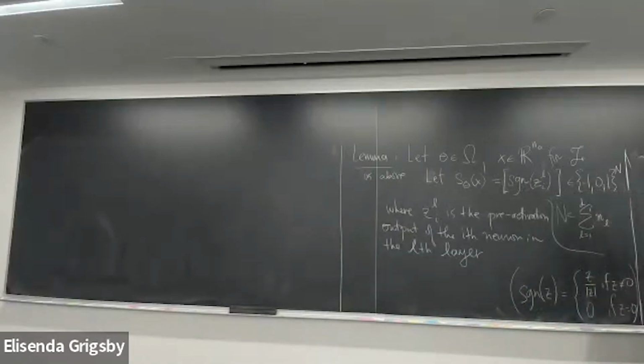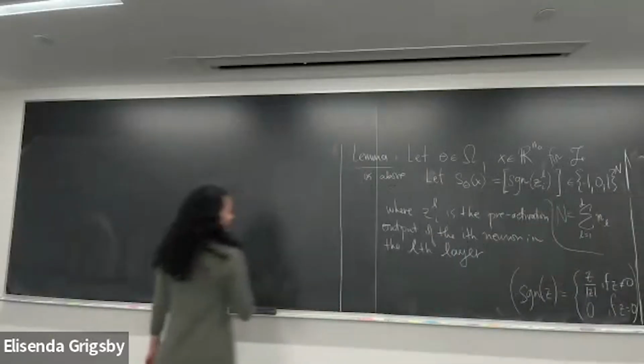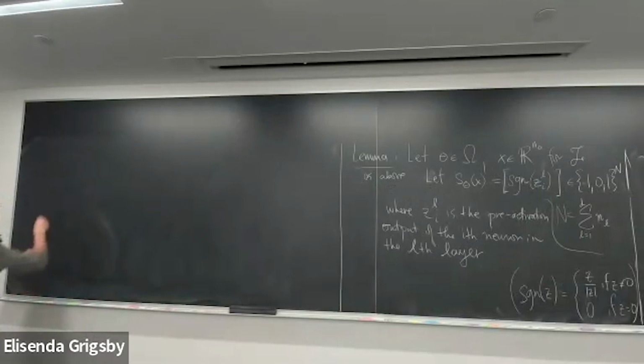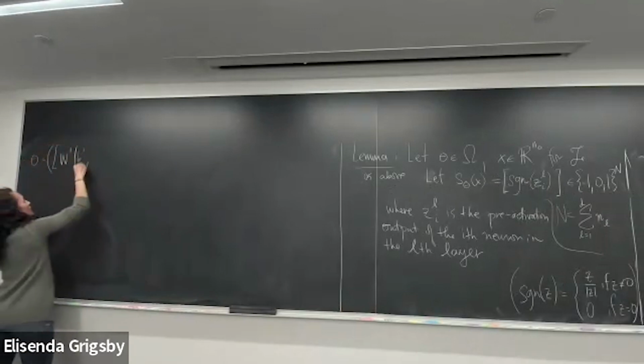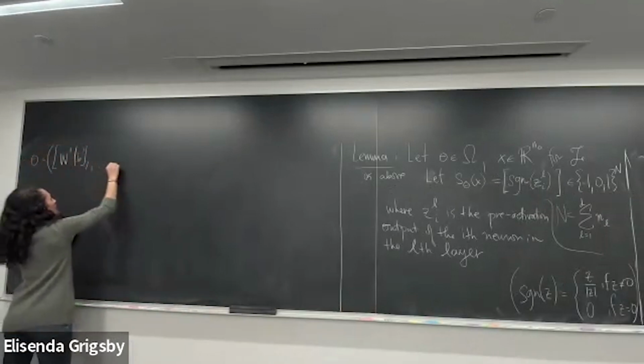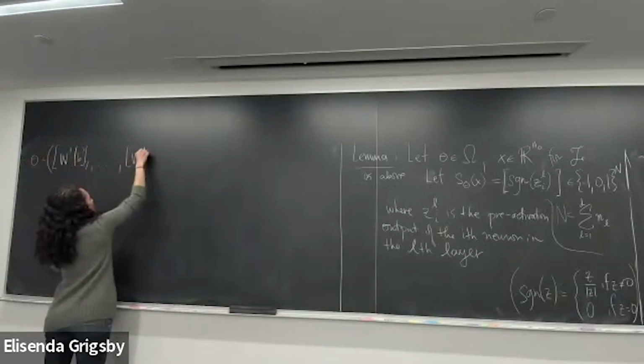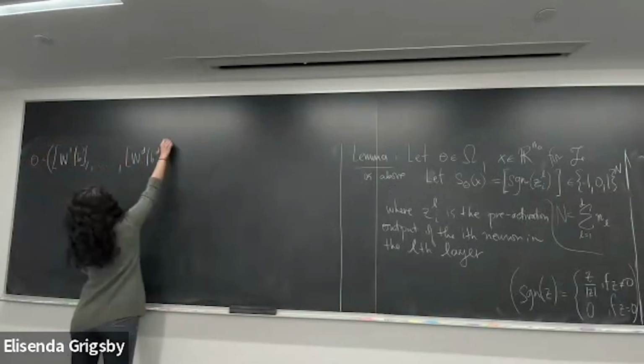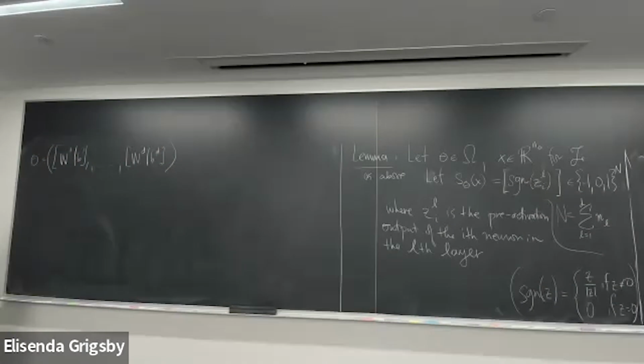Let's see if I can not make a mess of this lemma. The parameters for this network are exactly of the same form as before. So a parameter again looks like W1, b1, through WD, bD.